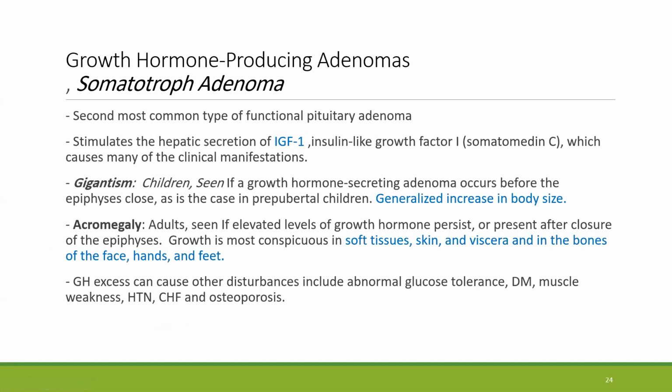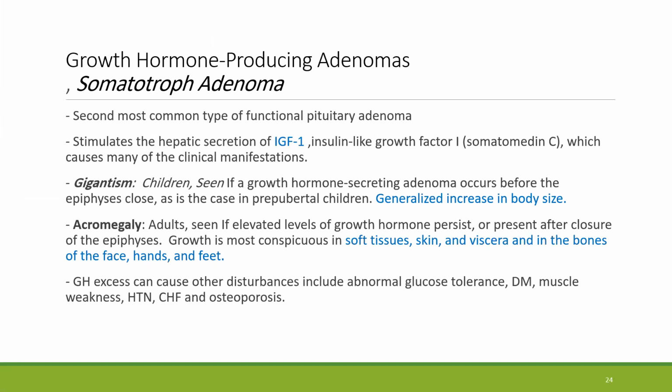The somatotroph or the growth hormone producing adenoma, you remember it's the second most common functional pituitary adenoma, about 15%. It stimulates the hepatic secretion of the IGF-1, which is the insulin-like growth factor, the somatomedin C, which causes many clinical manifestations. Again, you're going to go through the clinical presentation.